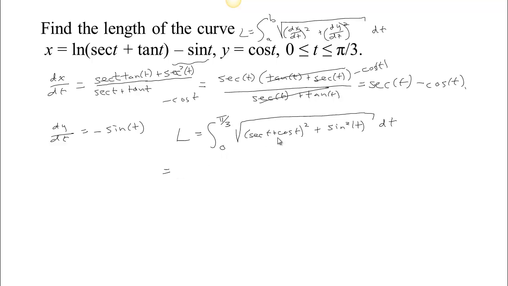Now if I multiply this out, I get the integral from 0 to pi thirds of the square root of, let's see, if you use the FOIL method on this, you get secant times itself, so that would be secant squared. You get 2 times secant times cosine, but secant is 1 over cosine, so you're going to get plus 2, and then plus the cosine squared.